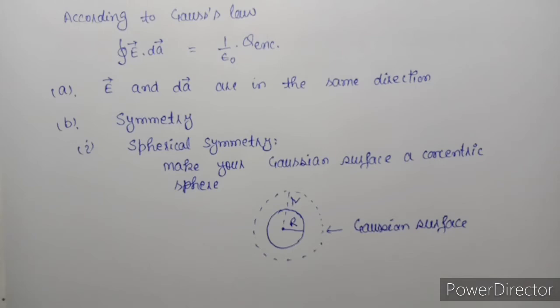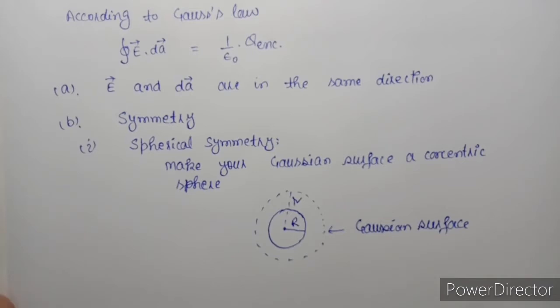So the Gaussian surface and the actual sphere are concentric.